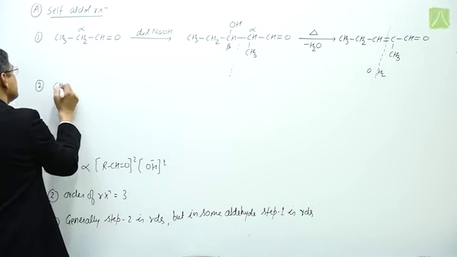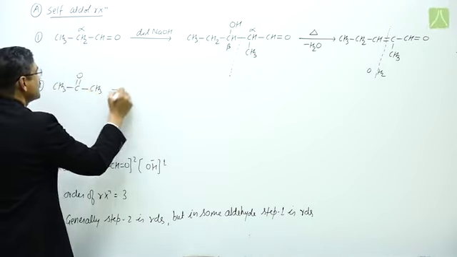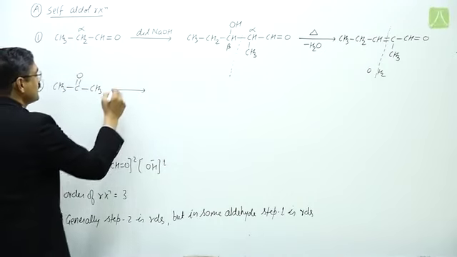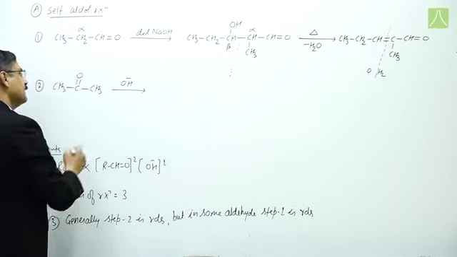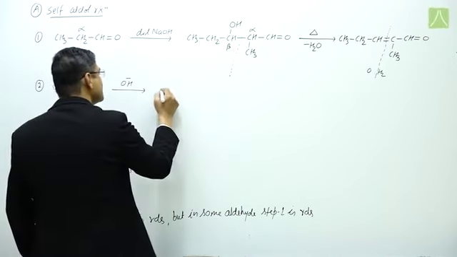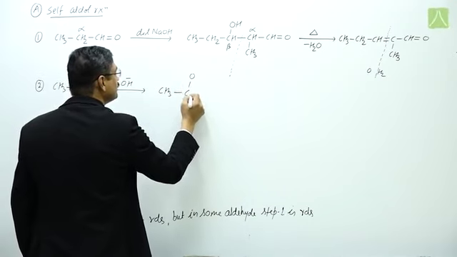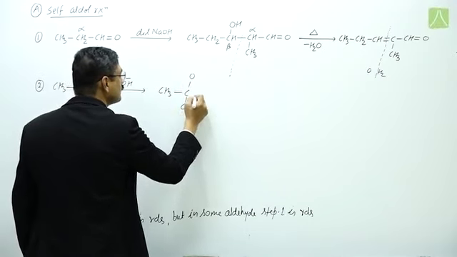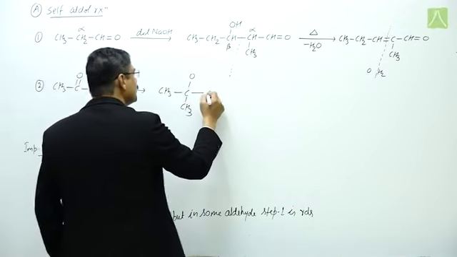Question number 2, suppose I take the ketone. This reaction is possible for aldehyde as well as for ketone. Suppose OH minus is taken. Now write the first molecule as it is after breaking the pi bond. So I write like this. Now add the nucleophile.